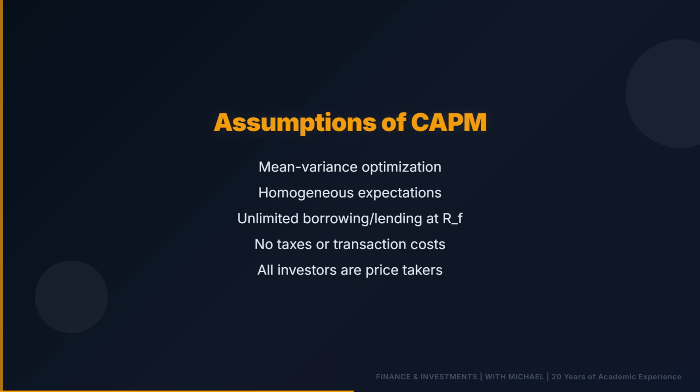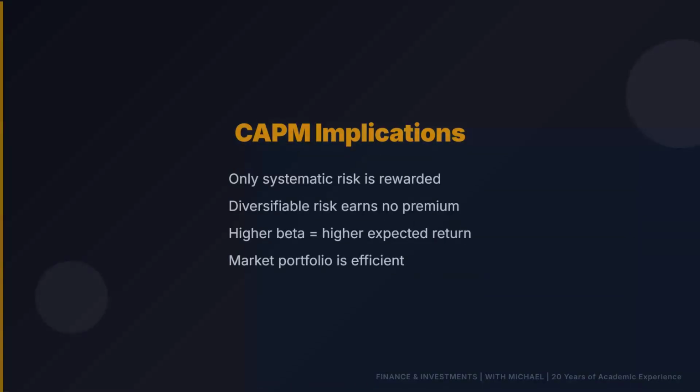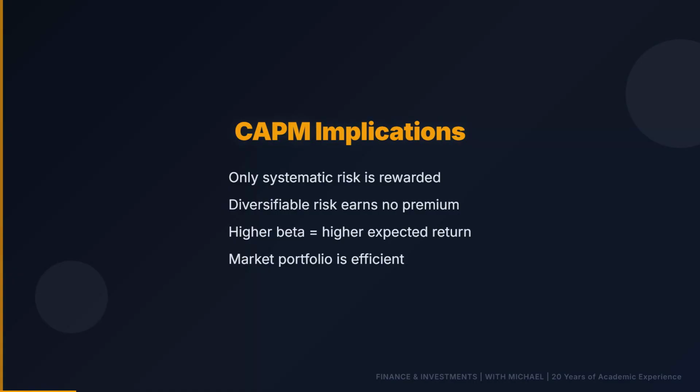R is equal to RF plus beta times RM minus RF. So I want to find the return of X, equal to 0.05 plus 1.6 multiplied by 0.12 minus 0.05.